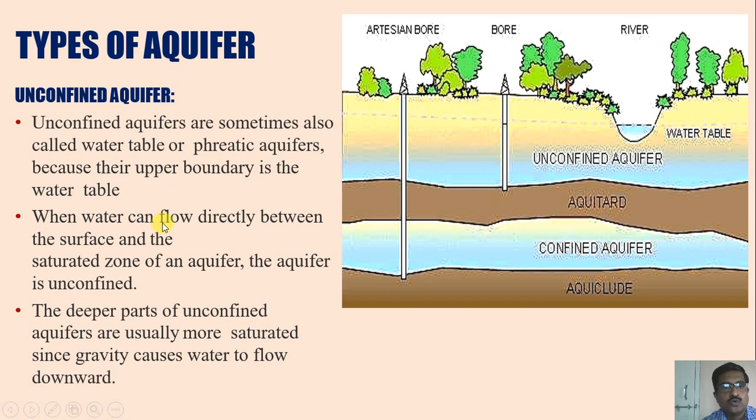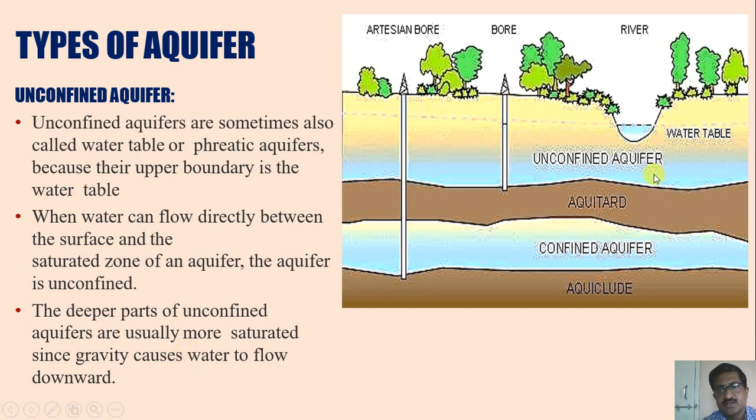When water can flow directly between the surface and the saturated zone of an aquifer, the aquifer is unconfined. The deeper parts of unconfined aquifers are usually more saturated since gravity causes water to flow downwards.